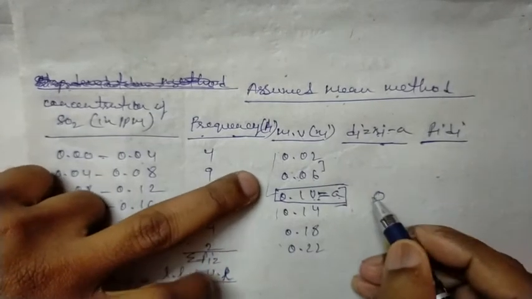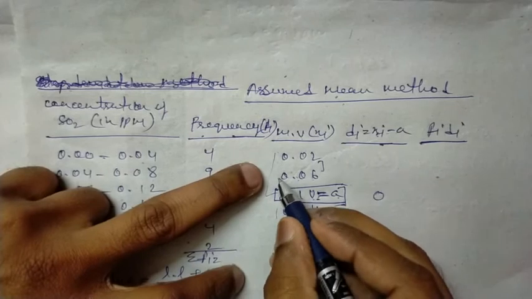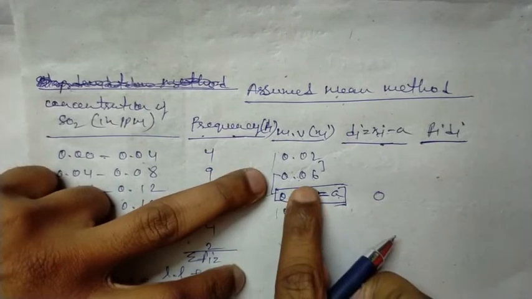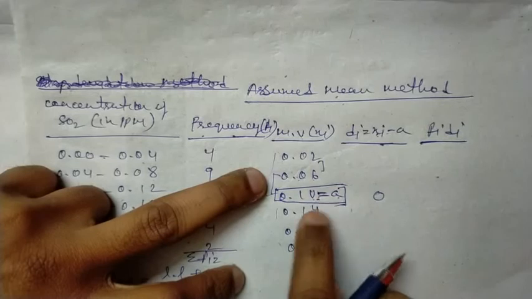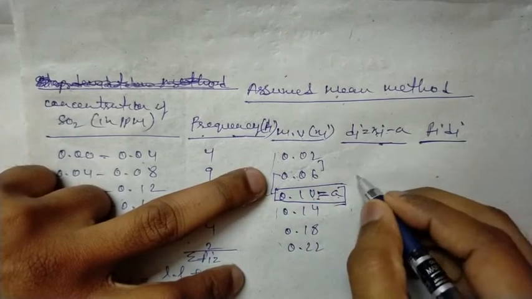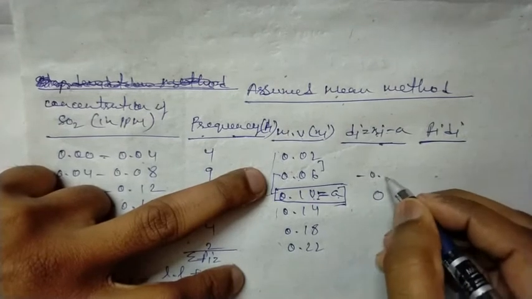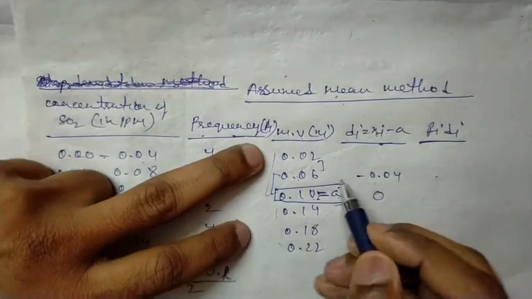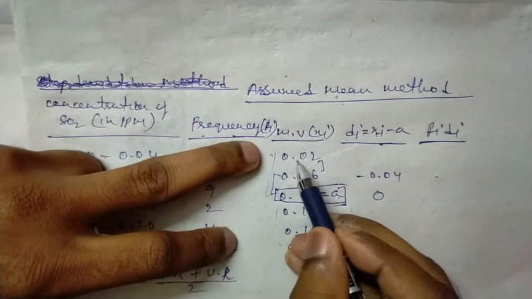Again, 0.06 minus 0.10, we get minus 0.04.